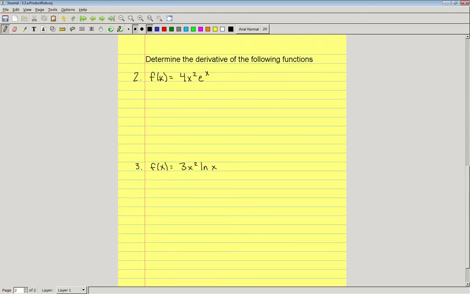Alright, let's do a couple more examples not involving polynomials where we must use the product rule. So, in order to calculate the derivative of our function, we take the derivative of the first function, which is going to be 4x squared, and then the second function is going to be e to the x.